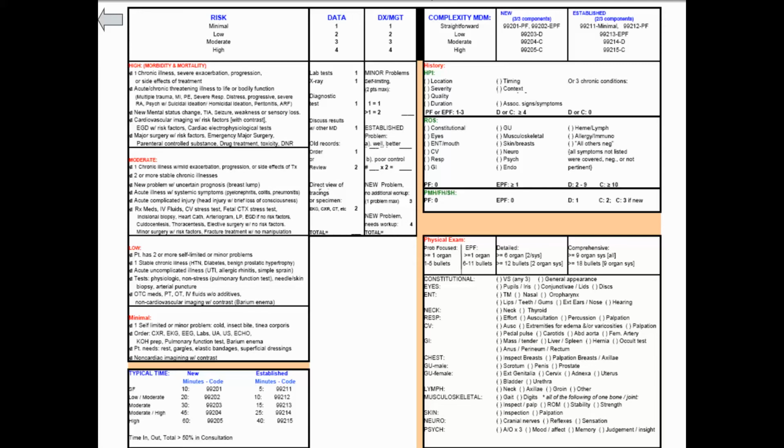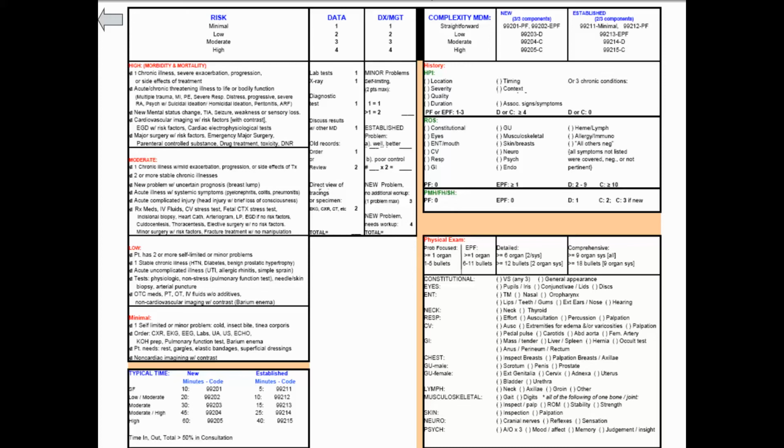So when we're talking about reviewing old records, and this is coming from the coders that I've been working with as we develop this course, the intent of this rule means a significant amount of old records that come to you when somebody's transferring care and there are a lot of records to look at.